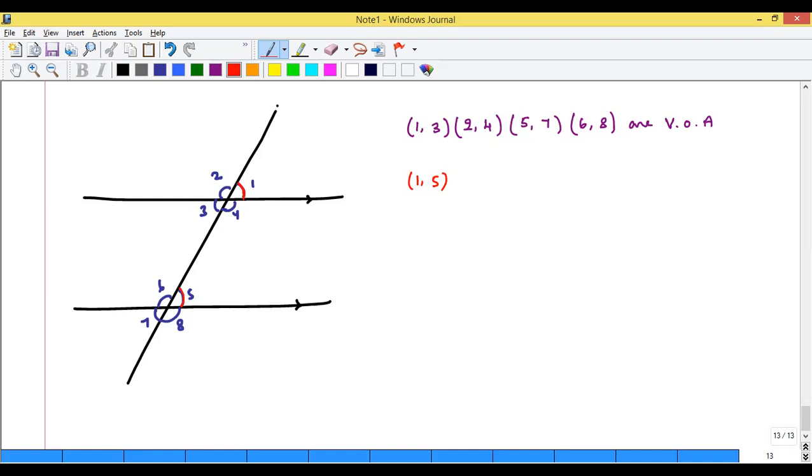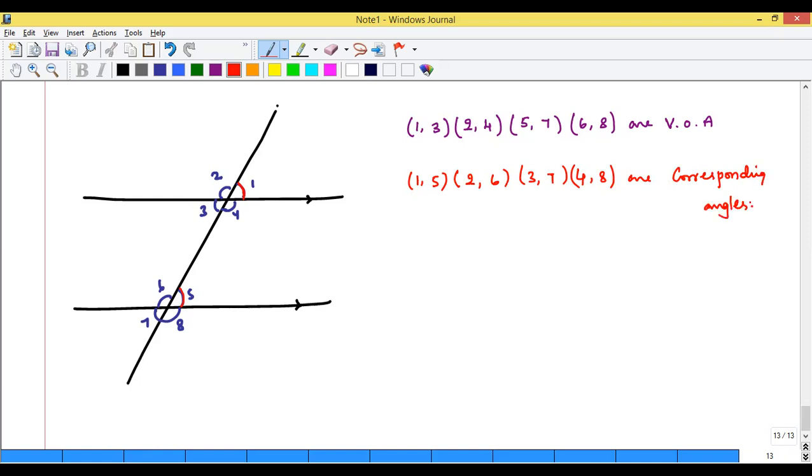So 1 and 5 are equal in measure. Can you tell me angle 2 corresponds to? 6. Angle 3 corresponds to? 7. Angle 4 corresponds to? Corresponding angles.